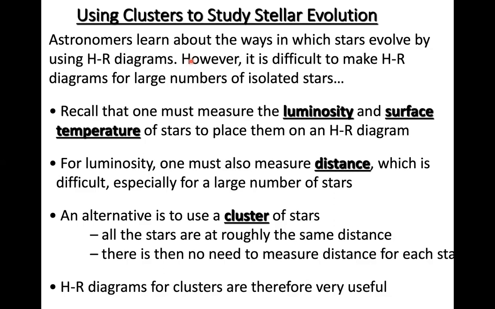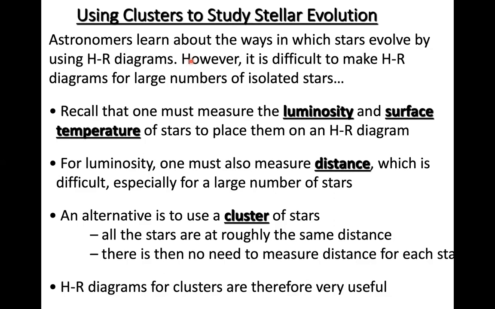Now the advantage is here when you look at a star cluster, all the stars are in the same location, even though they have different properties, we can assume that roughly they are at the same distance. Of course, there will be changes, but roughly you can assume that they will be at the same distance, right?